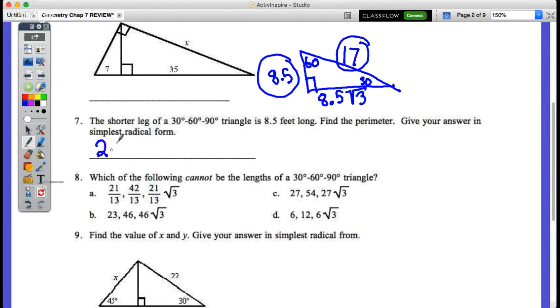So 25.5 plus 8.5 radical 3. That is actually your answer. Your answer is actually 25.5 plus 8.5 radical 3.